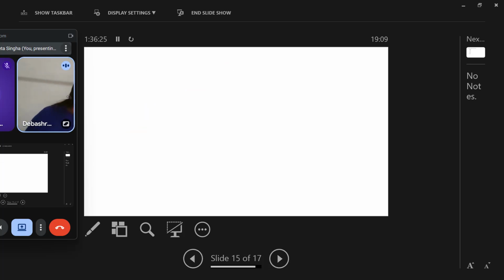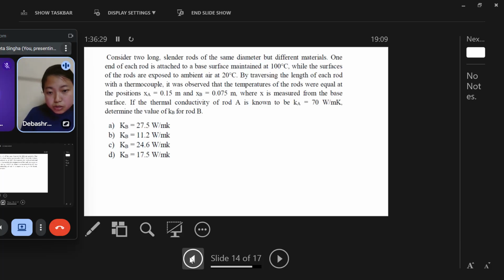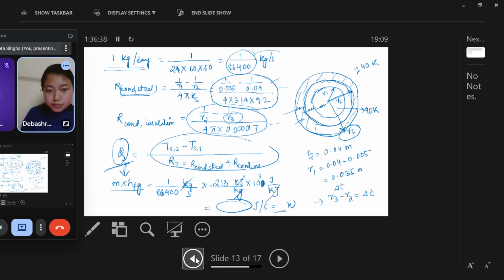Okay, then this is the last question. So how much is the time? You can just tell me quickly, have you understood this problem or not? Only one question is left, which is of fins. We will solve it in the next class. Just tell me quickly, have you understood this problem or not? You have got it? Okay, you just try.